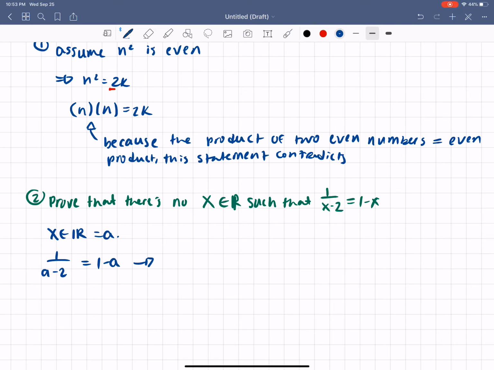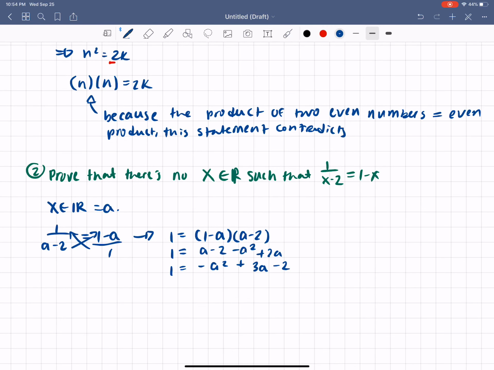By the equality rule, where the product of the means equals the product of the extremes, you can say that 1 is equal to the product of 1 minus a times a minus 2. So this would be 1 equals a minus 2 minus a squared plus 2a, which reduces into negative a squared plus 3a minus 2.